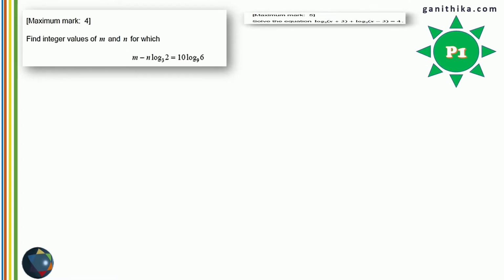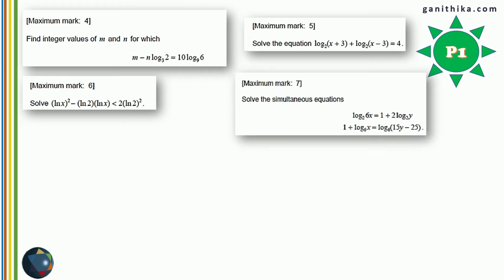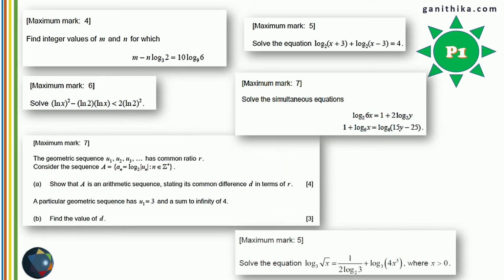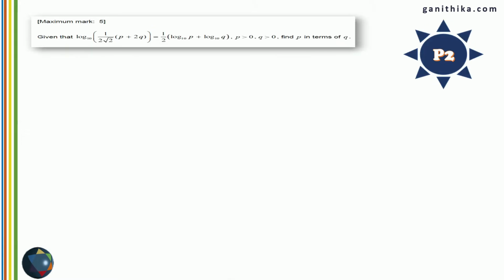Let's proceed further. This video is split into two parts, paper 1 and paper 2. Under paper 1, you have questions number 1, 2, 3, 4, 5 and 6. As I said, the questions are common to both SL and HL students. This is under paper 1 from past papers. Under paper 2, we have only 2 questions.